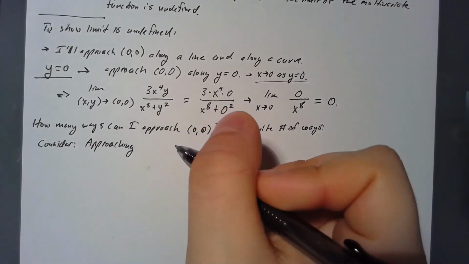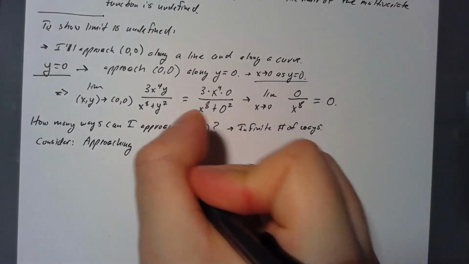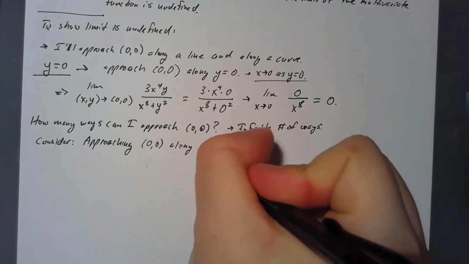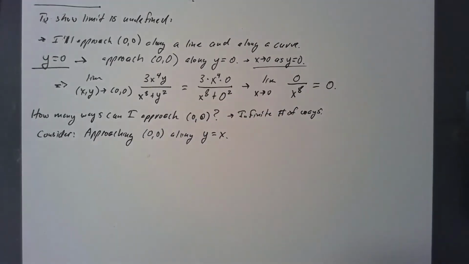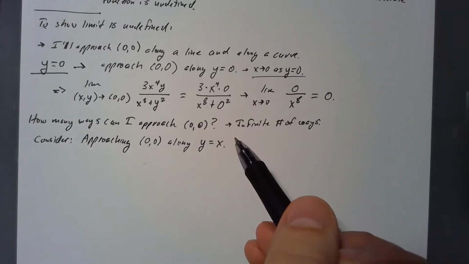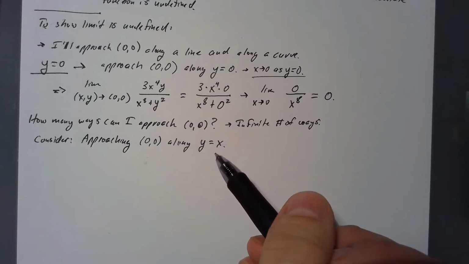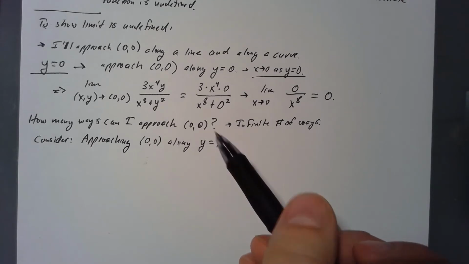I don't know if I'm going to use it, but I'm just considering it. I just want you to see that. If y is equal to x, am I going to approach 0, 0 on that point? If x is 0, that means y is 0 because they're equal to each other. Yeah, that'll work.